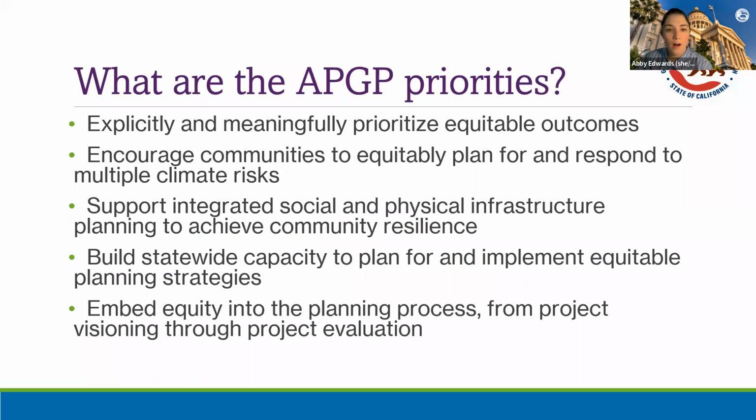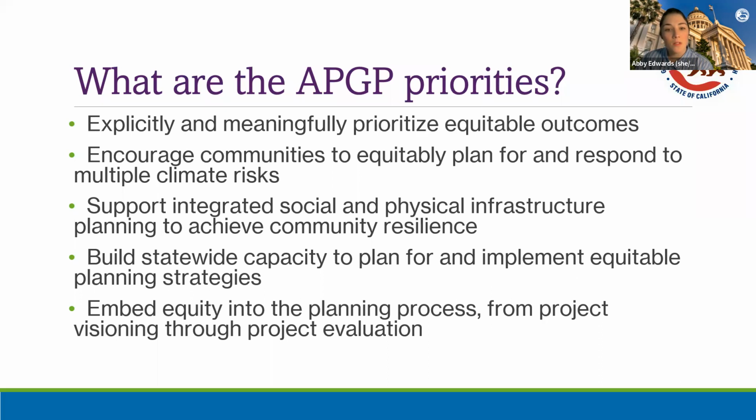Throughout our 2022 engagement, we identified and refined the priorities of the program. The first priority is to explicitly and meaningfully prioritize equitable outcomes, particularly in the most vulnerable communities. That's by establishing an inclusive funding program that removes barriers for applicants and ensures that awardees represent a wide geographic, economic, and population diversity.